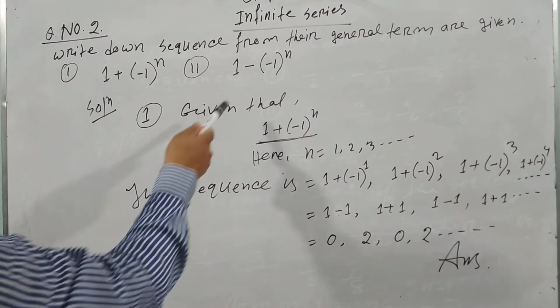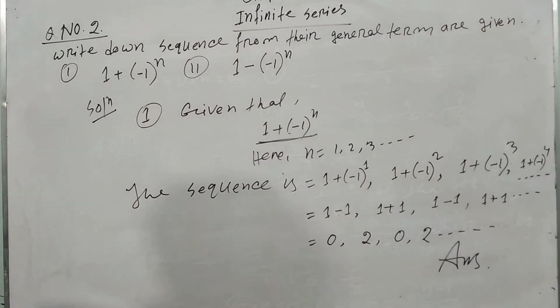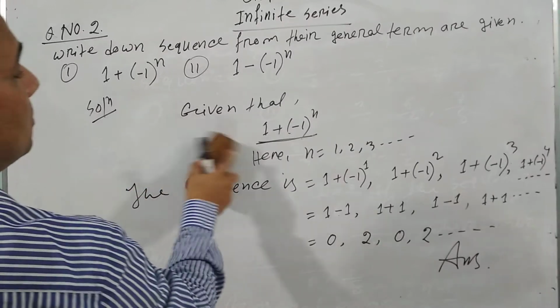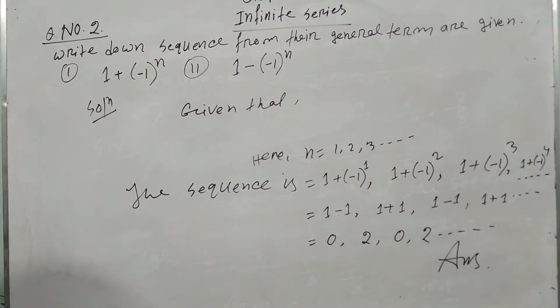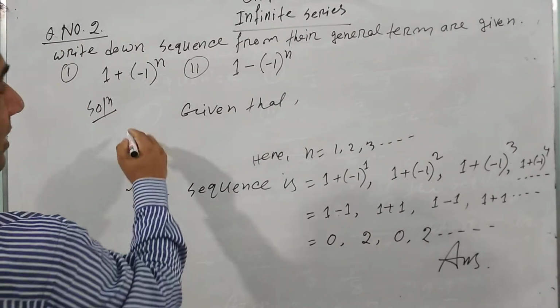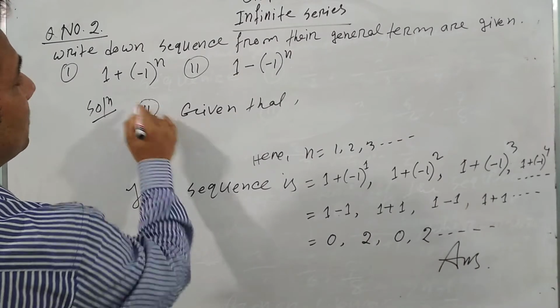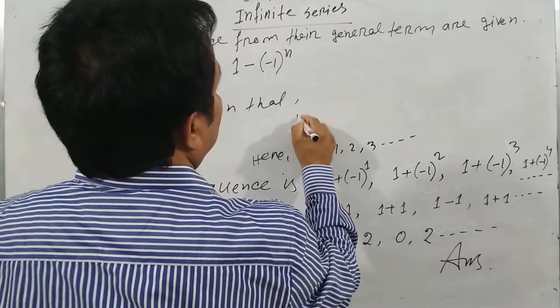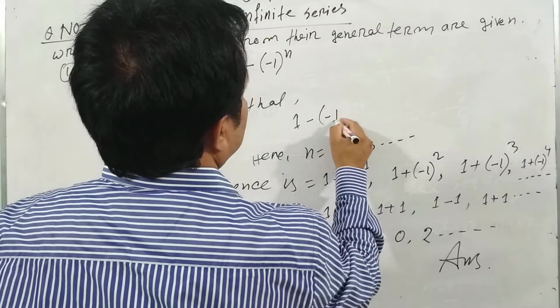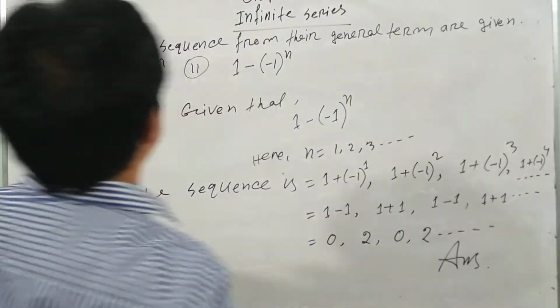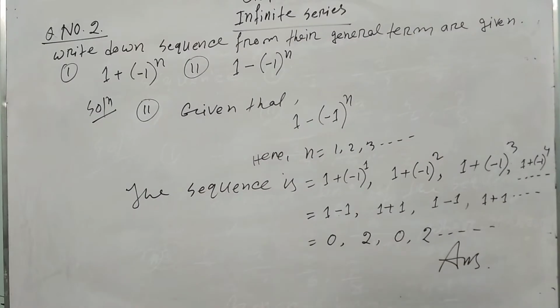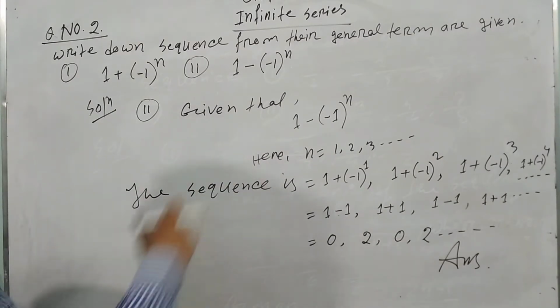Next question is similar. Next, question number 2. Similarly, we put the value of n. Number 2, given that 1 minus 1 to the power n. This also follows the same rules.